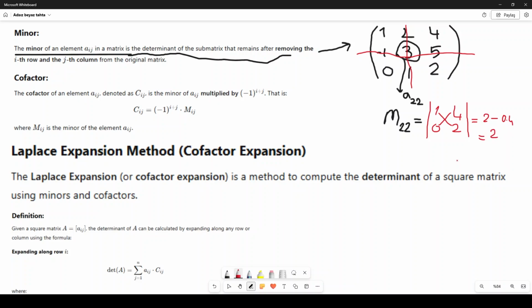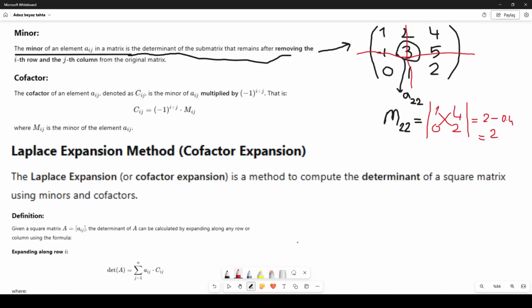So the minor of the 2, 2 component of this matrix is equal to 2. The minor of any element in this matrix is the determinant of the submatrix that remains after deleting the ith row and jth column from the original matrix. Since we are looking for the 2, 2 component, I just deleted the second row and the second column, and I write all the elements left behind after this deletion process.